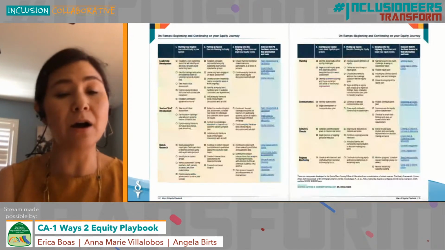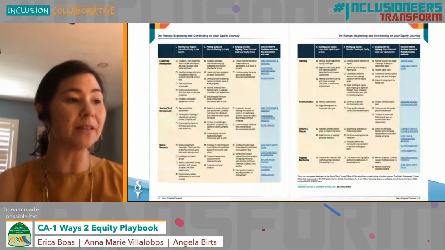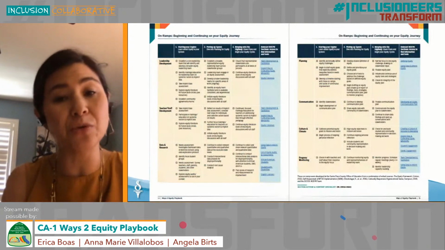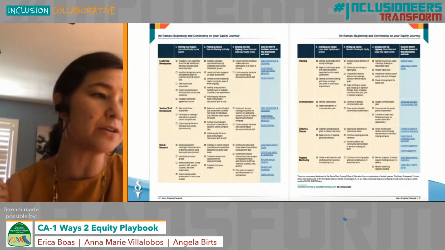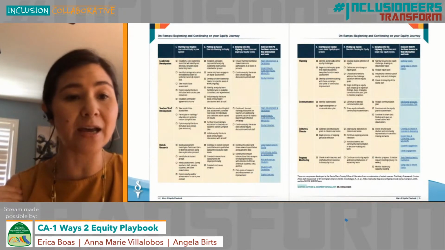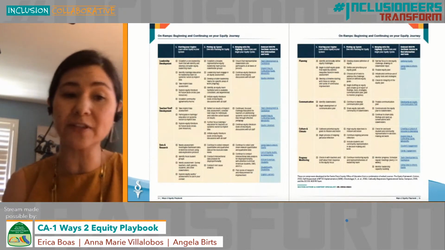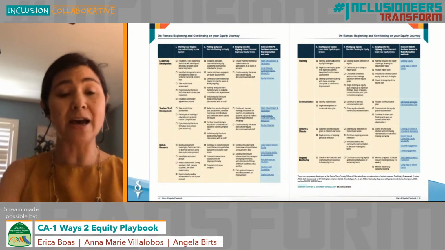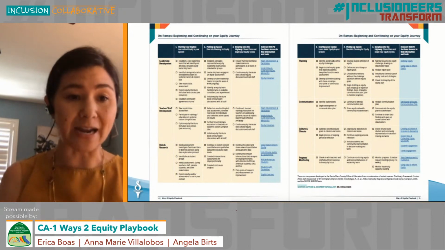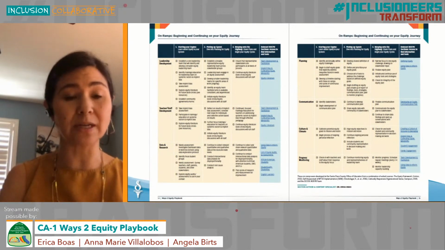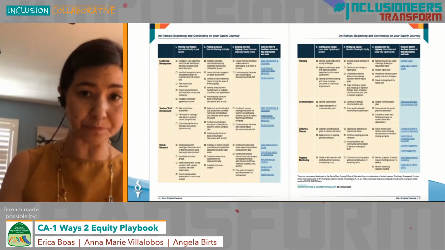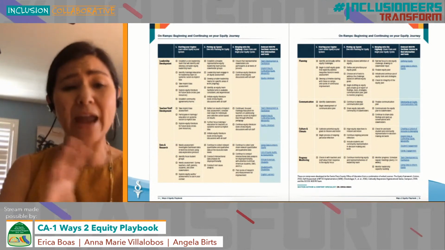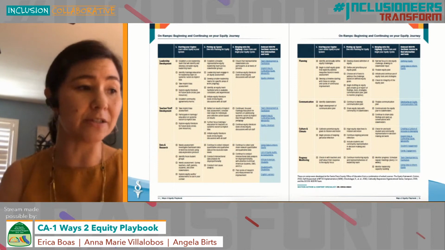And these are our on-ramps, and I want to take a moment to spotlight them. This is how to begin and continue on your equity journey. We understand that schools, districts, and county offices start at different places on their equity journey, but we also know that we could use some guidance on how to go about meeting different benchmarks or areas for being able to really undertake equity work.